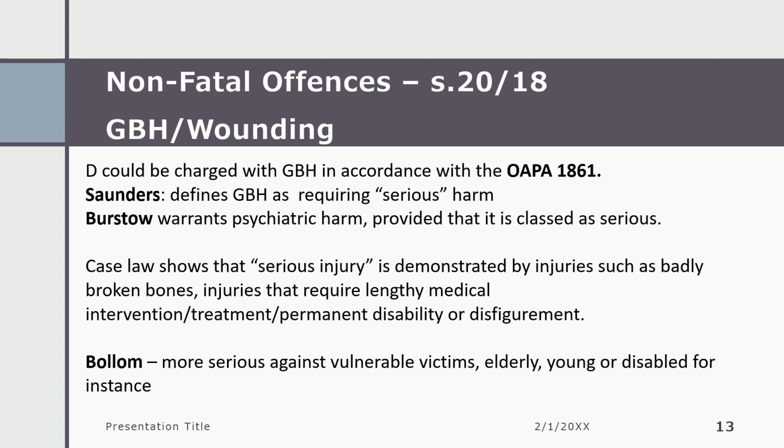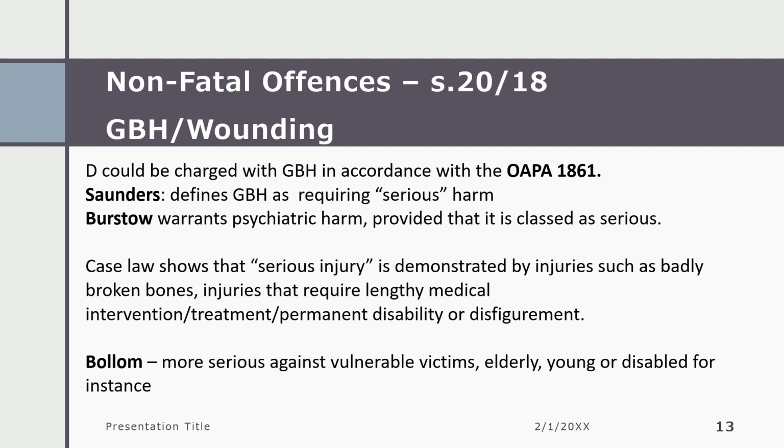So D could be charged with GBH, according to the Offences Against the Person Act 1861. Saunders defined GBH as requiring serious harm. Burstow warrants psychiatric harm provided that it is classed as serious.